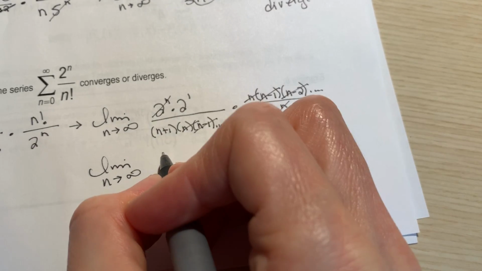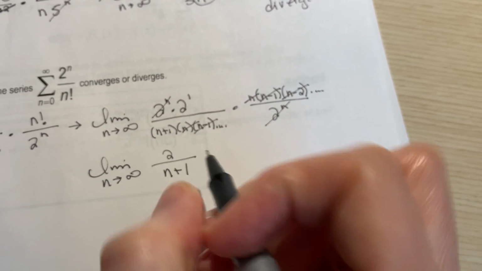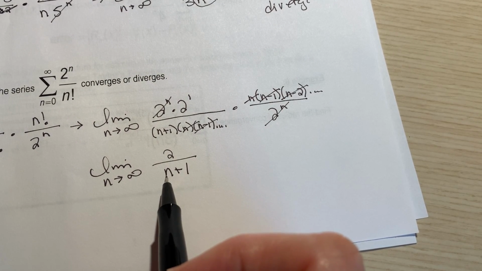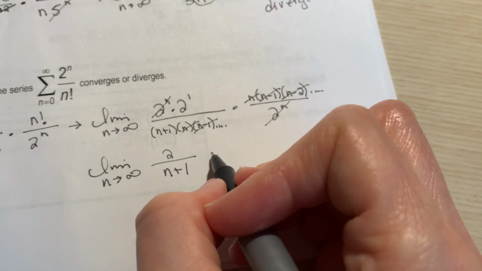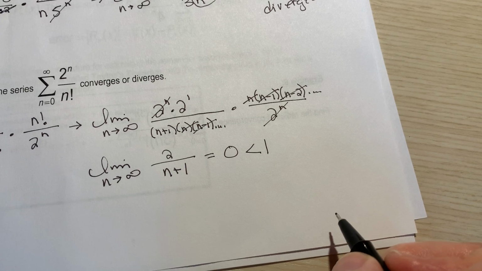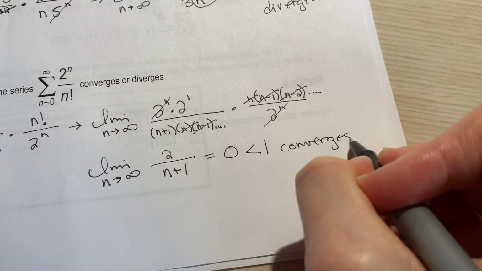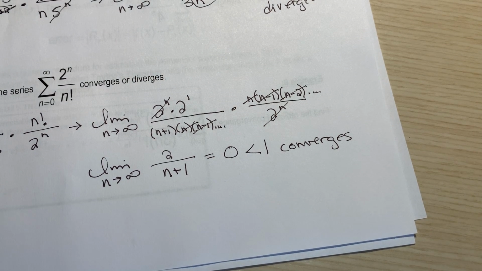Just a 2. And what do I have on the bottom? N plus 1. So as n gets bigger and bigger and bigger and the top stays the same, this approaches 0, which is less than 1. It's converging to 0. So this converges. Okay, I will put the other examples in the next video.